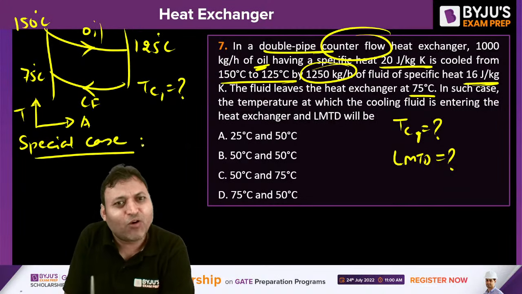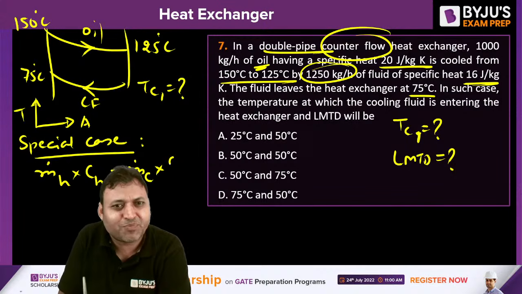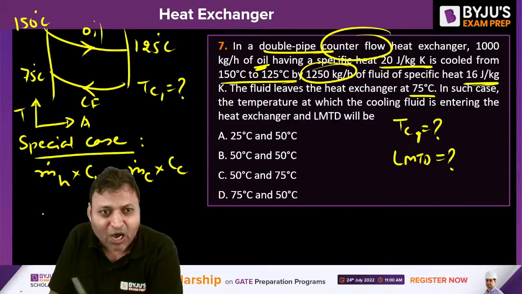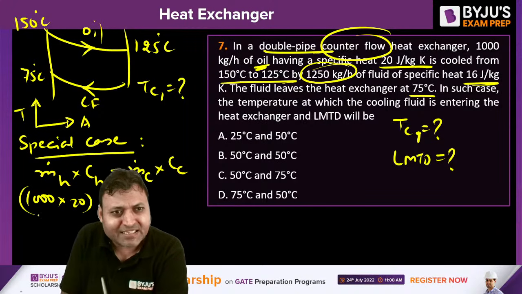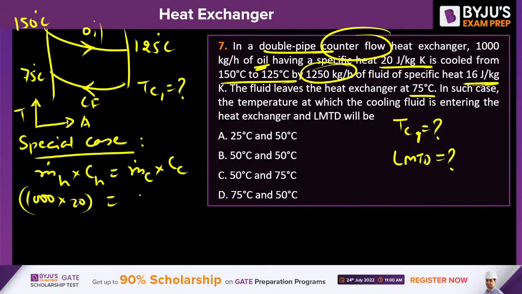Whenever you are having a counterflow heat exchanger, please check whether the product of mass flow rate and specific heat of hot fluid is the same as that of cold fluid. Product of 1000 into 20 is coming out to be the same as the product of 1250 into 16, isn't it?